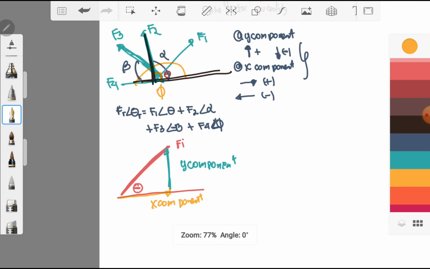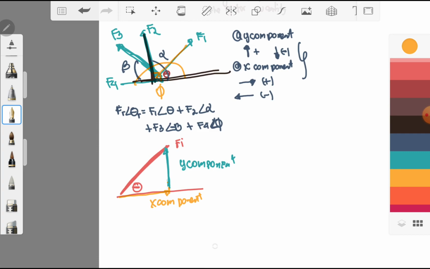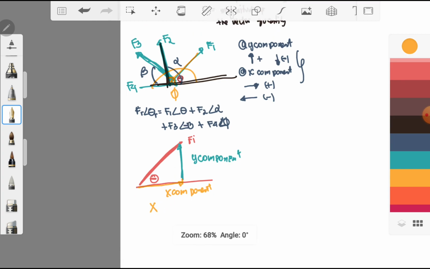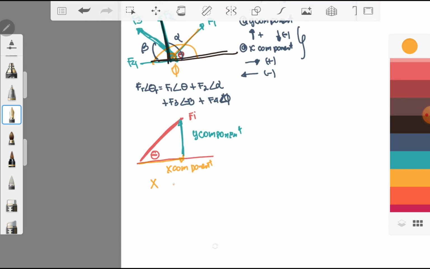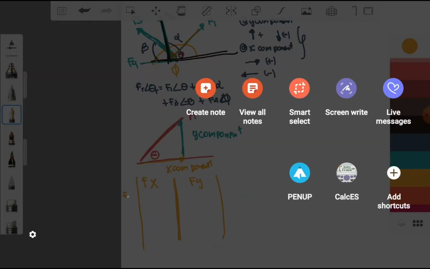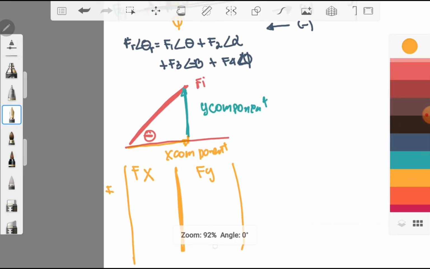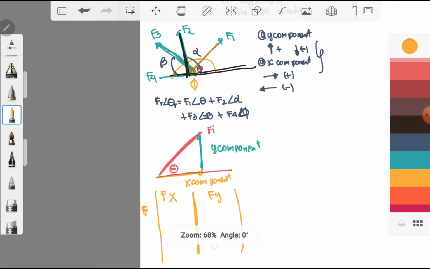So you can see that if I break this force down, this will be the outcome. Therefore, for the x component of F1, you just create a table: x component, or your F of x, and then your F of y. Let's say the x component of your F1 is positive because it is going to the right and going up.